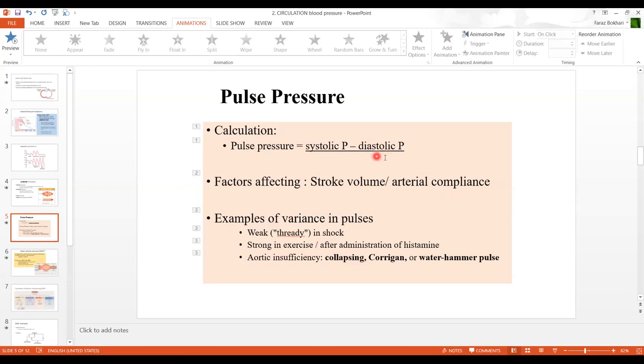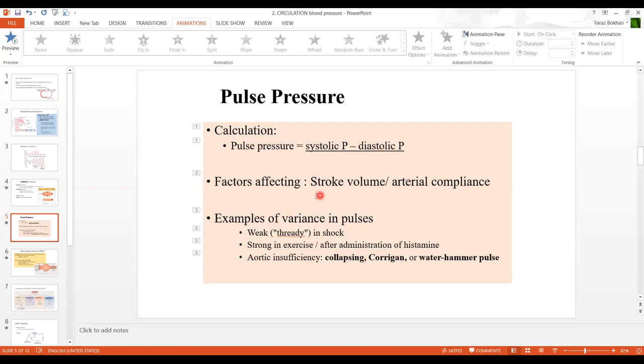So diastolic pressure is affected by arterial status, whether it is a nice elastic artery which is compliant, low in resistance, or is it a hardened or relatively hardened artery, low in compliance, more in resistance? This whole thing basically determines what the diastolic pressure would be.